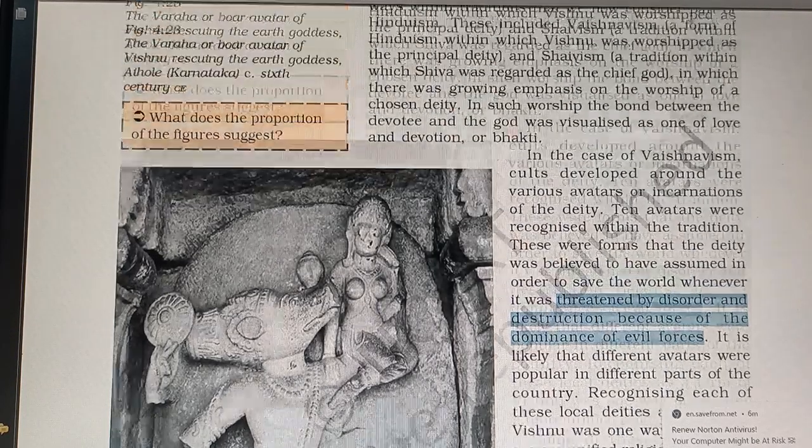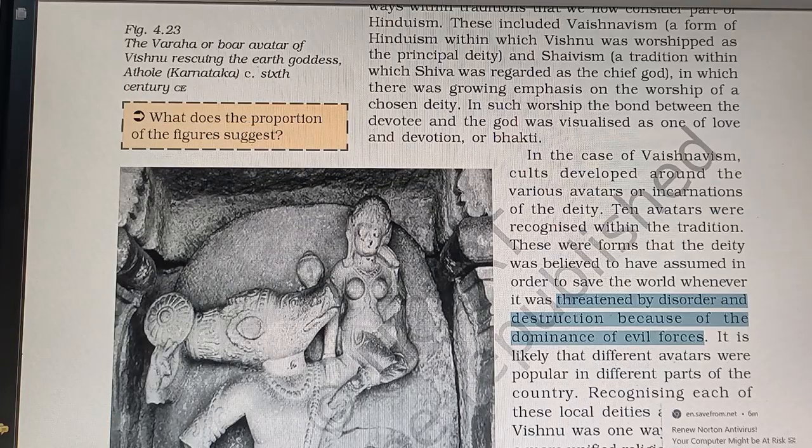Like we see in the picture here, children. This is the Varaha, or the boar avatar of Vishnu, trying to rescue the earth goddess, in the 6th century. This is in Karnataka.